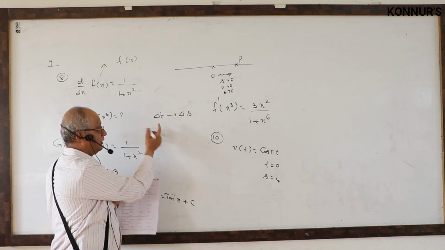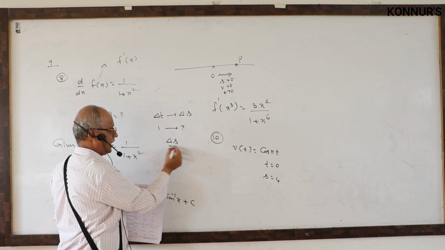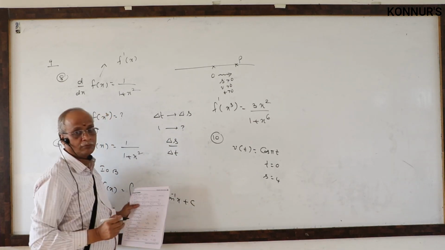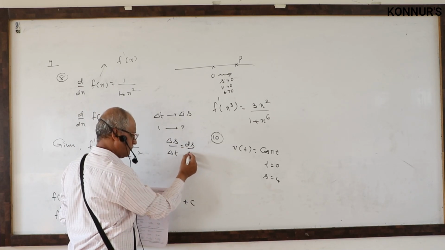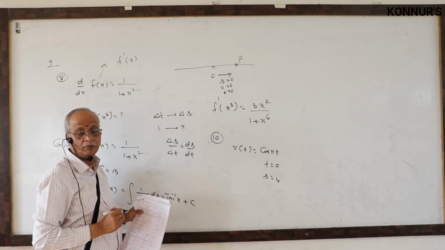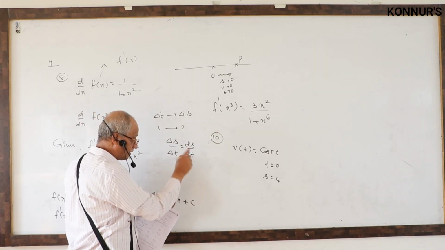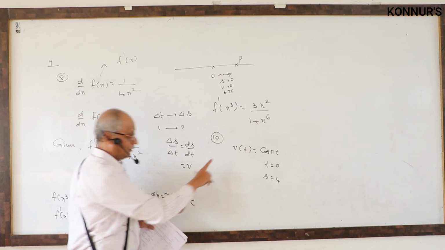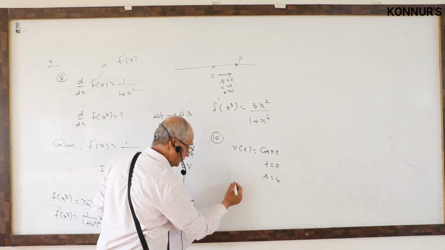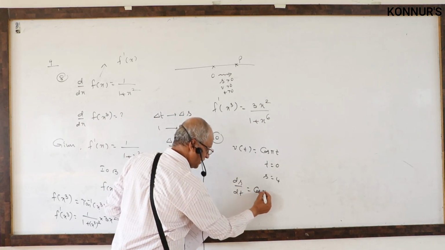Per 1 unit of time, if you calculate, that ratio is called delta s by delta t, which can be written in the notation ds by dt, where ds by dt represents the rate of change of displacement. Therefore this is called velocity only. Therefore, now I am writing here ds by dt is cos pi t.